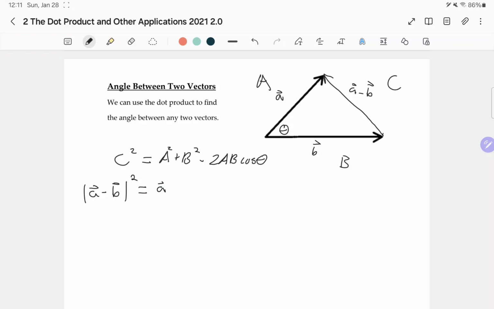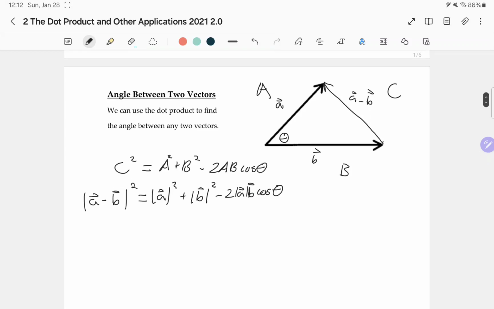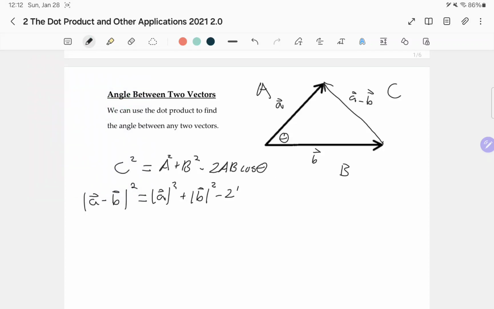So then we're going to get the magnitude of a squared plus the magnitude of b squared minus 2ab cosine theta. And I should mention that these are also magnitudes. I should not forget that, because these magnitudes are numbers. Just to remind you again.